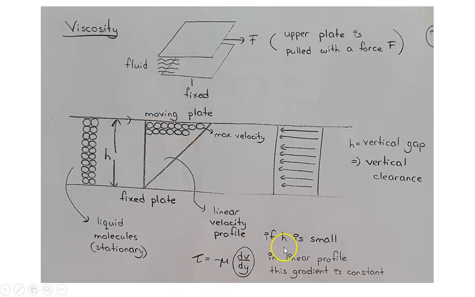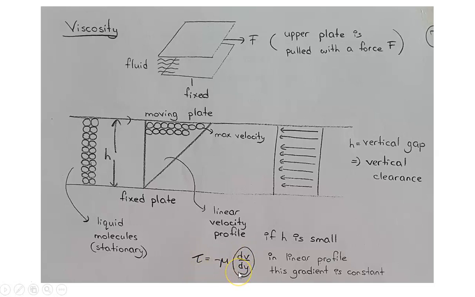So what we can say is that if h is small, now listen to this, this is important. If this height between the fixed plate and the moving plate is small, it simply means that our tau, which represents shear stress or opposing resistance, will be given as follows. We know that tau, as discussed in the previous discussion, is equal to minus mu dv dy.